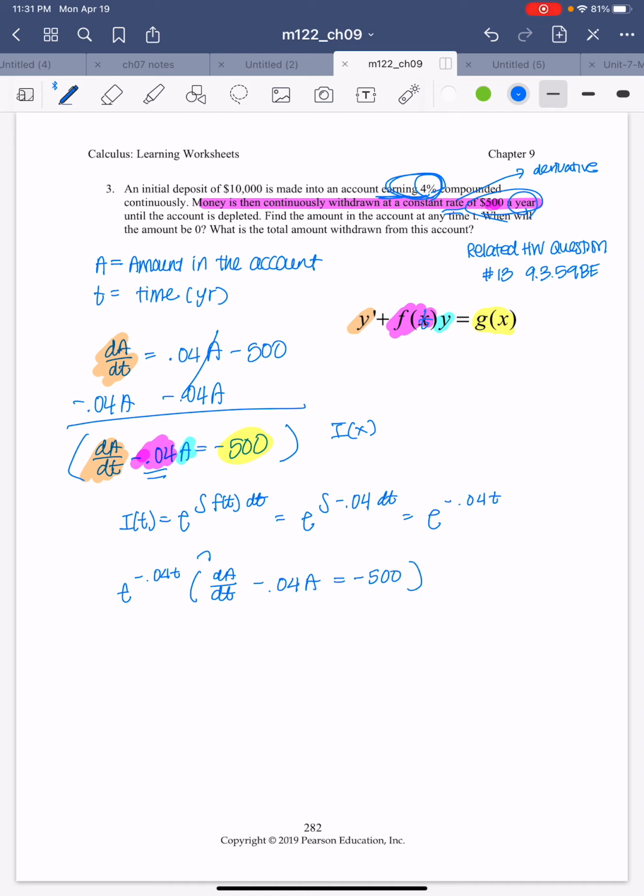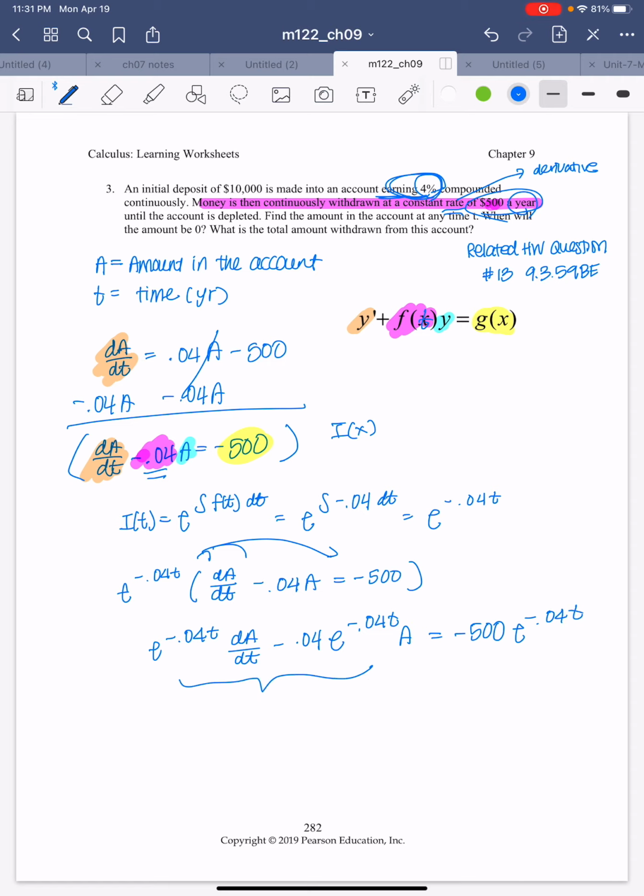Distributing, I'm going to have e raised to negative 0.04t dA/dt minus 0.04 e raised to negative 0.04t A equal to negative 500 e raised to the negative 0.04t.